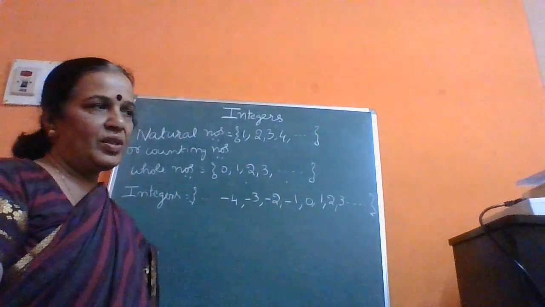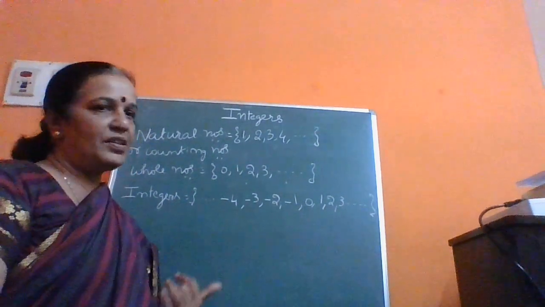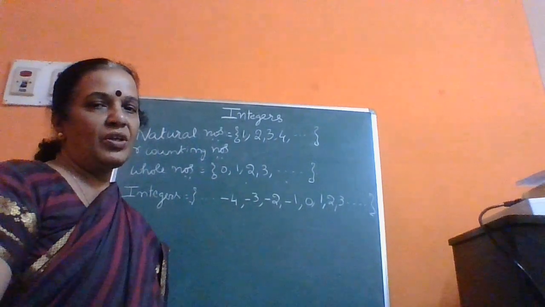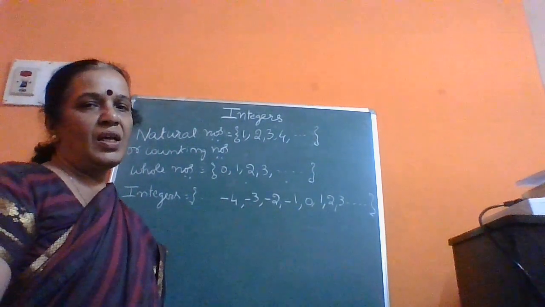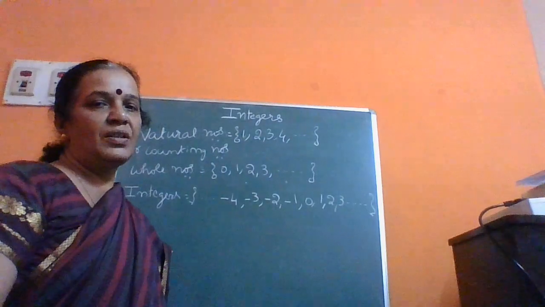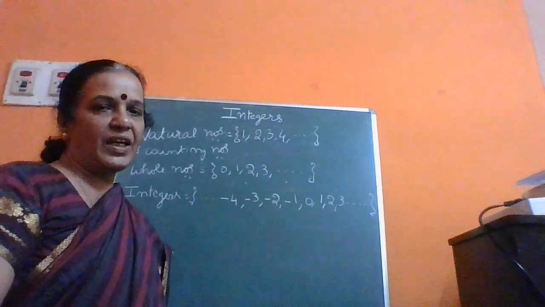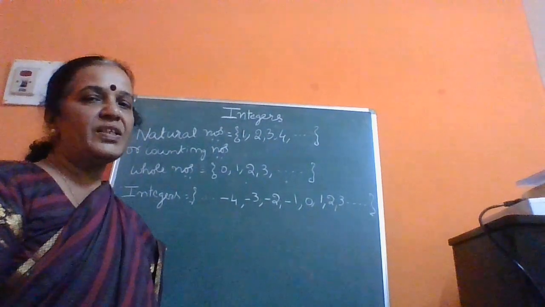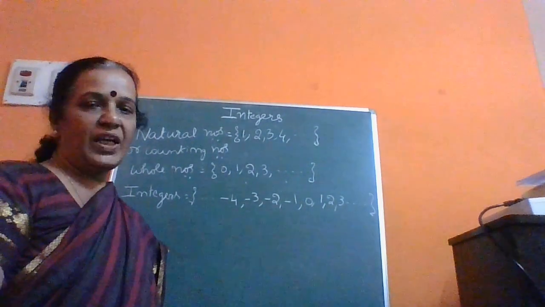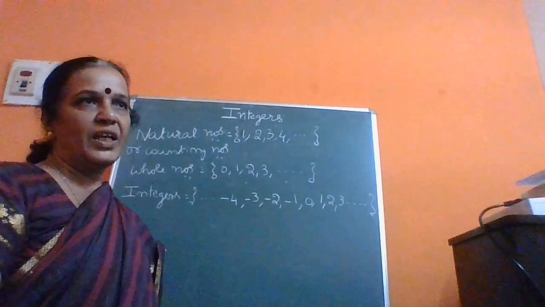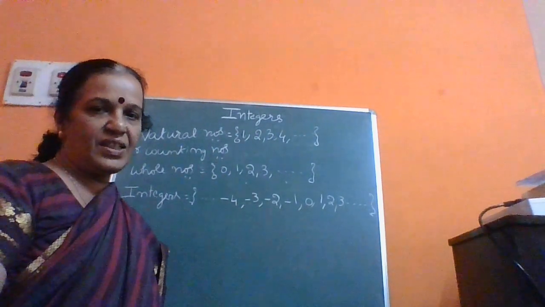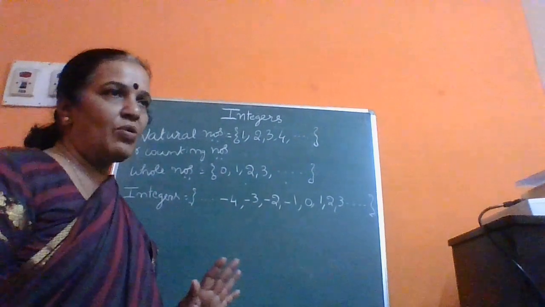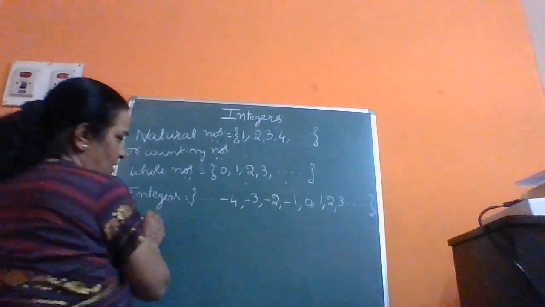That means integers are a set of numbers with positive sign and numbers with negative sign along with 0. 0 is an integer without any sign. You cannot write +0 or -0. 0 is just 0.